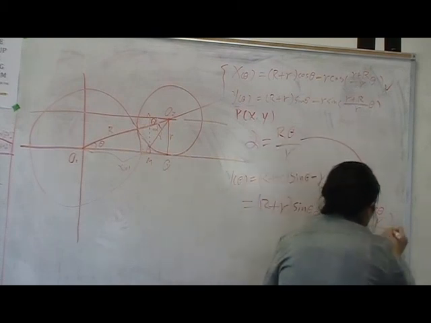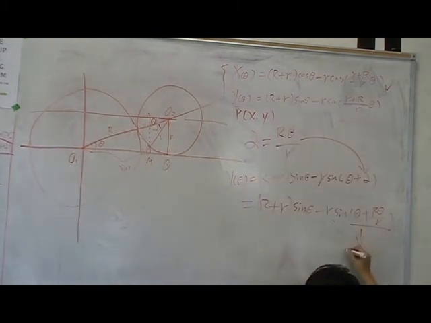And it is the same thing as this, which is big R plus small r times theta over small r.